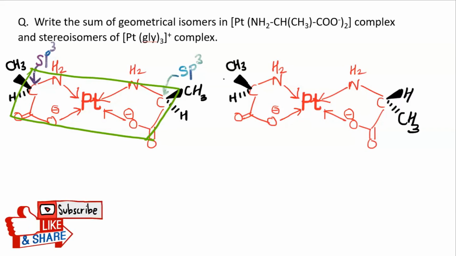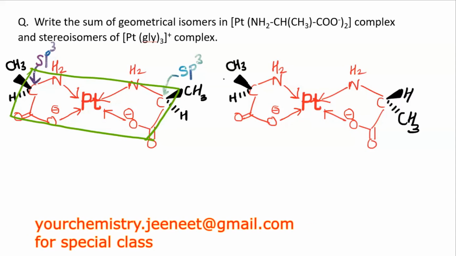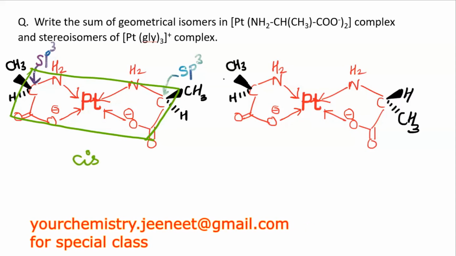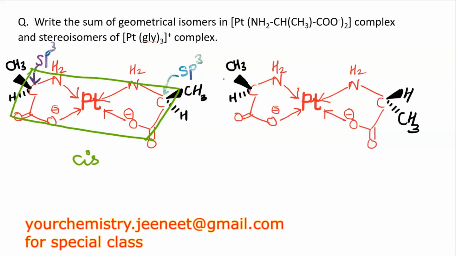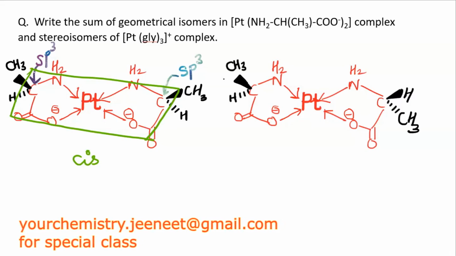Are you getting me? All this red colored part, assume that it is in the plane of the paper, and this CH3 is coming towards us. So we can call this the cis form. Similarly, we can make another change here. This CH3 can even go downward.